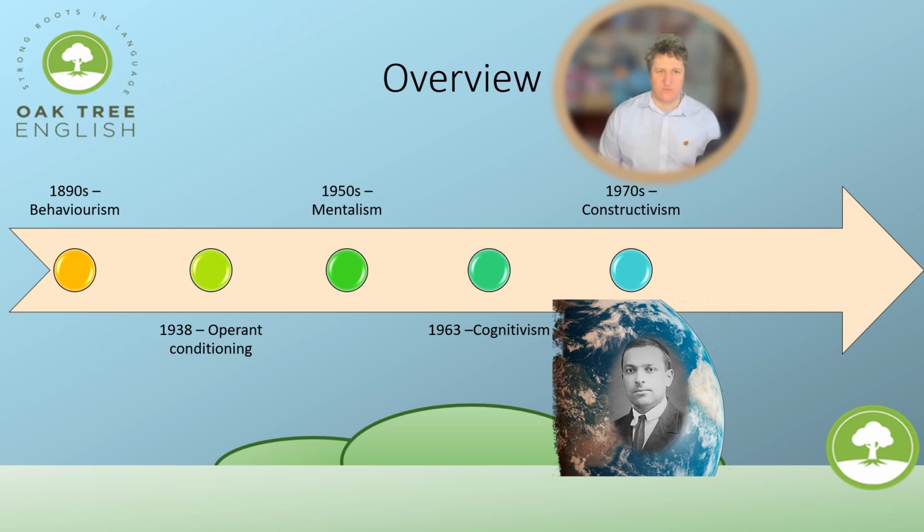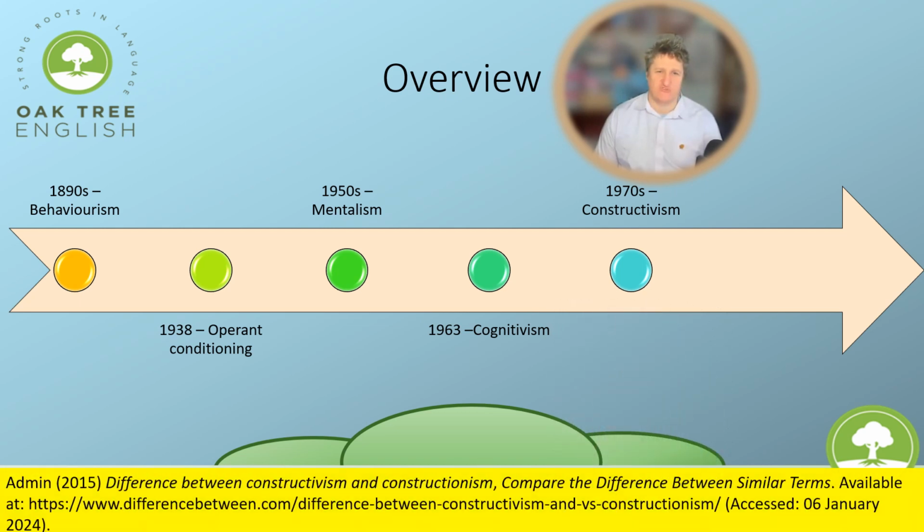While this agrees with Chomsky's mentalism in terms of advocating learning in a social context, it denies the concept of a prefabricated universal grammar. In latter years, constructivism is beginning to be adapted into constructionism.